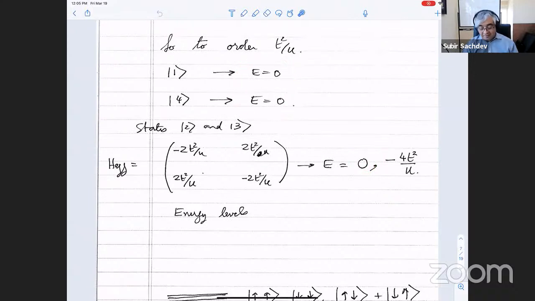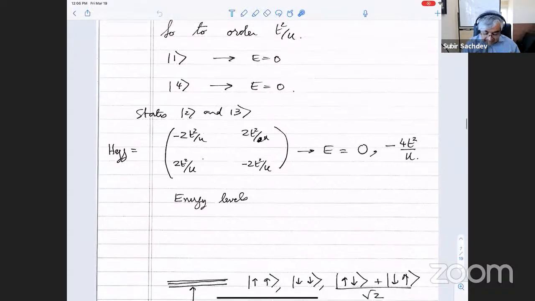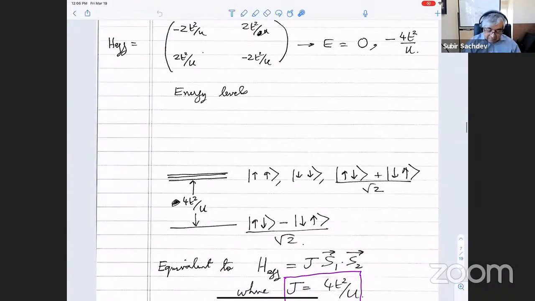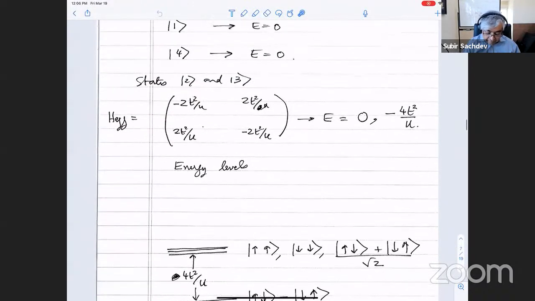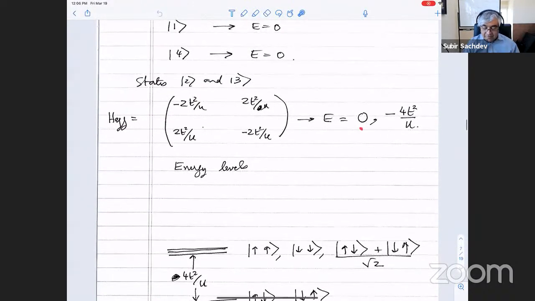It's 0. And that's not an accident. It's required by spin rotation symmetry. Since the total angular momentum is always an integer, the degeneracies have to be odd numbers. So the ground state has energy minus 4T squared over U, and there are 3 states whose energy is just 0.